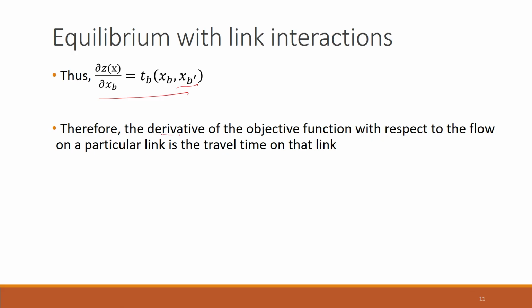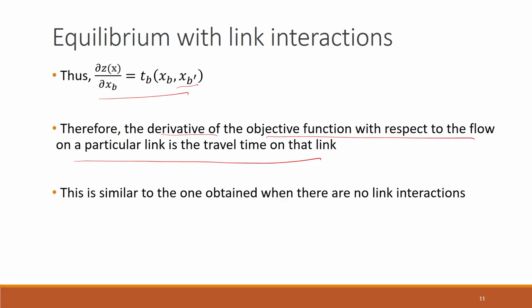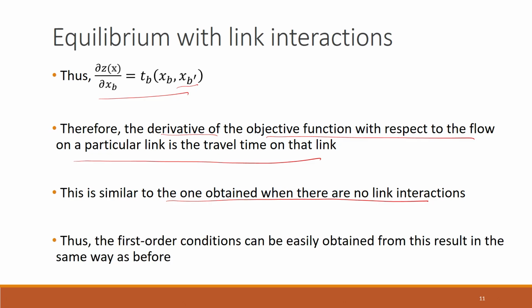Okay. So this is saying the same thing, the derivative of the objective function with respect to the flow on a particular link is the travel time on that link. Okay. So this is similar to the one which is obtained when there are no flow interactions. Okay. So that is what I had said. Now given that this is actually the same result that we had obtained before, even when we have considered link interactions, from now onwards, if we try to derive the first order conditions, the process will be the same and we will be getting the same form of first order conditions.